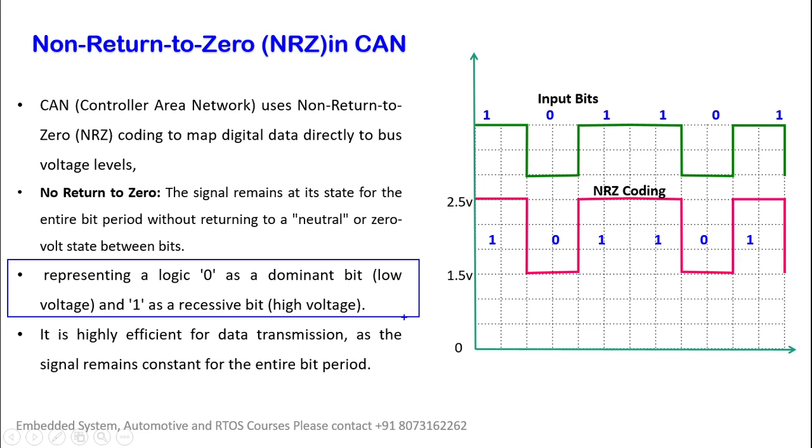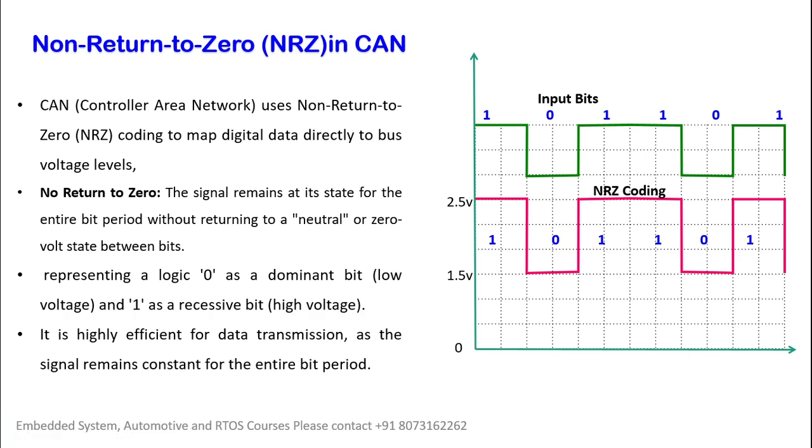Dominant means logical 0, recessive means logical 1. With the help of logical zeros and ones, we represent our bits in NRZ coding. So why do we use NRZ coding? NRZ coding is a very easy and very efficient way to transmit the bits. That's why we use NRZ coding in our CAN protocol.